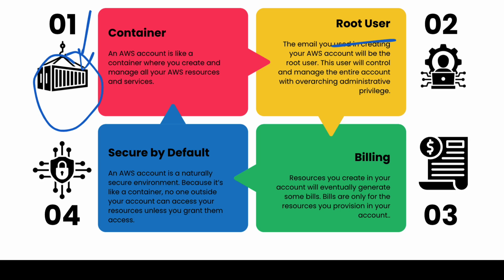So make sure you have the right permissions to use your email or the corporate email to set up the account, because this root user has an overarching administrative privilege on the account. They can create and destroy any account in your AWS account, so you have to be careful with this root user.